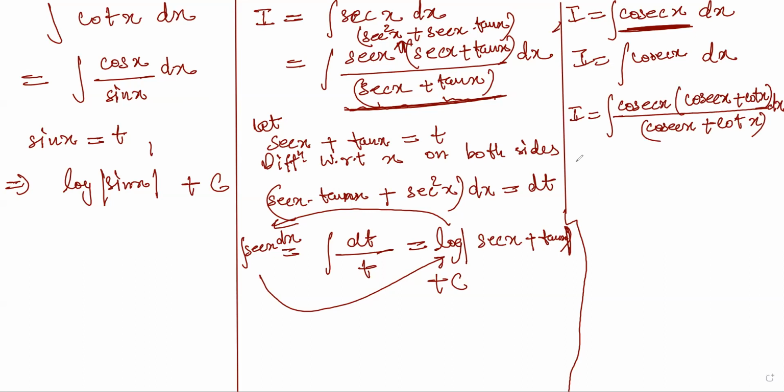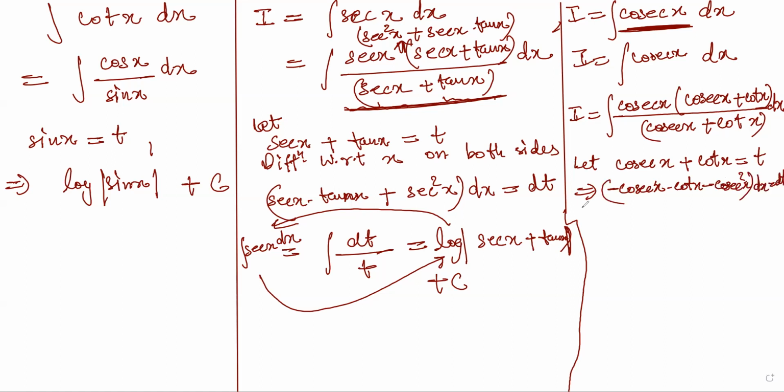Now, if you take cosec x plus cot x as t, it will become minus of cosec x cot x minus of cosec square x into dx is equal to dt.